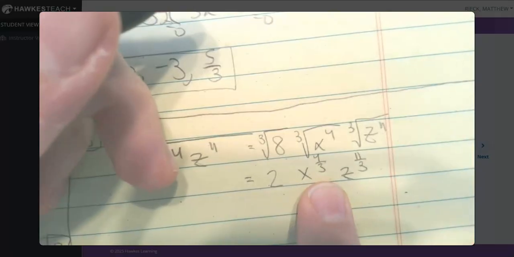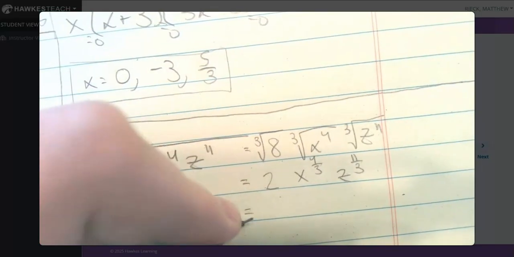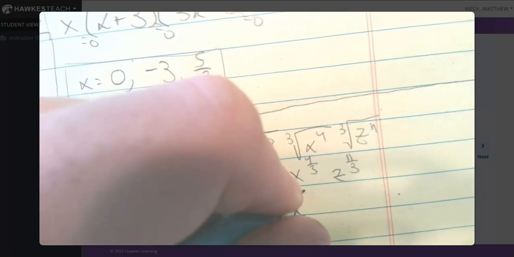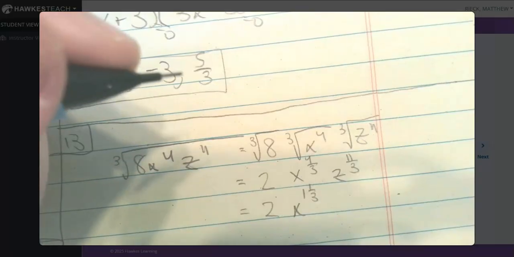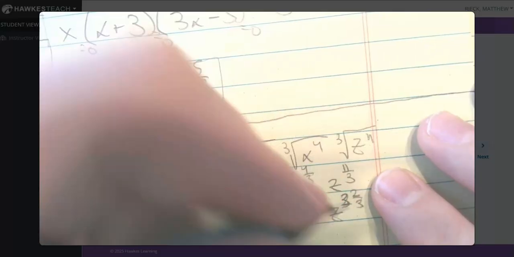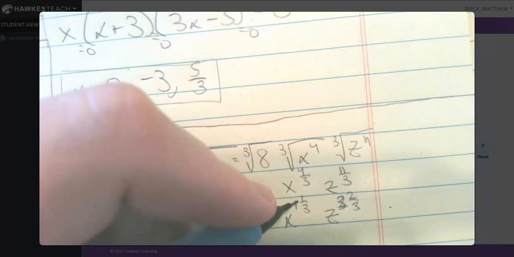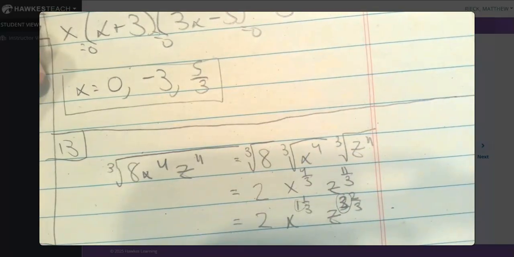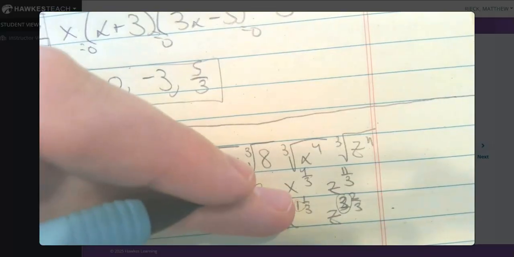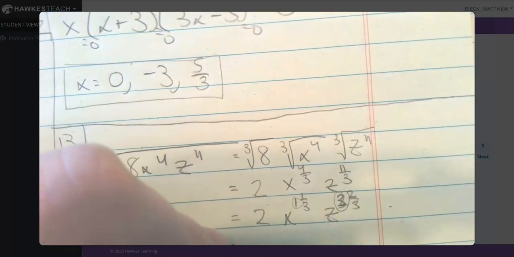I'm going to write these as mixed numbers. So you have x to the 1 and 1/3, and then z to the 3 and 2/3, sorry. 3 goes into 11 three times, with 2 left over. The whole number part of your mixed number is the exponent on your x or z outside, and the fractional part is the exponent inside the cube root.